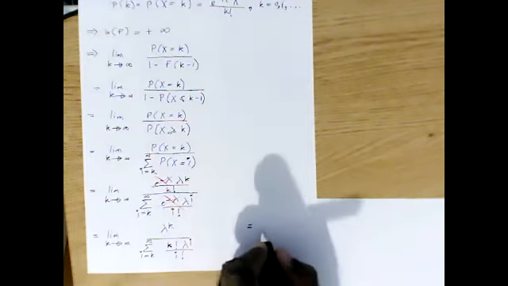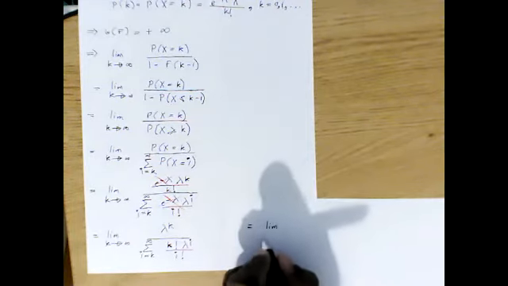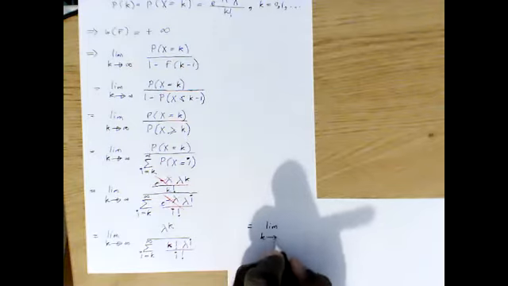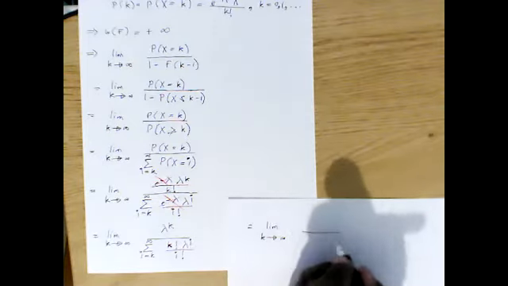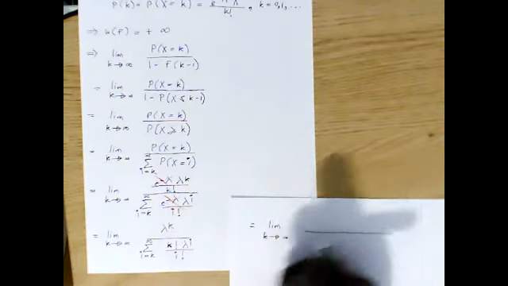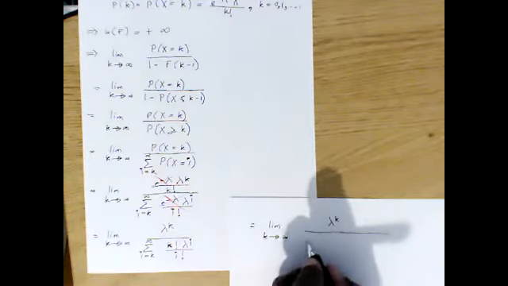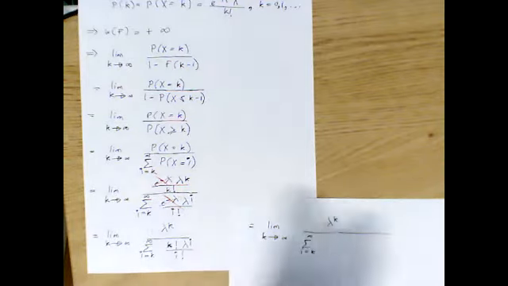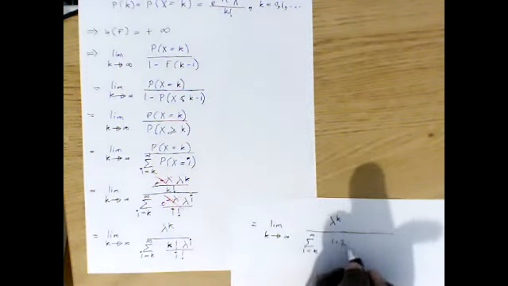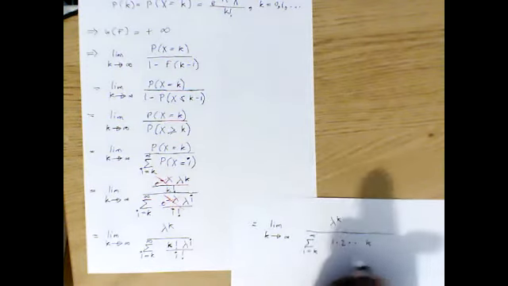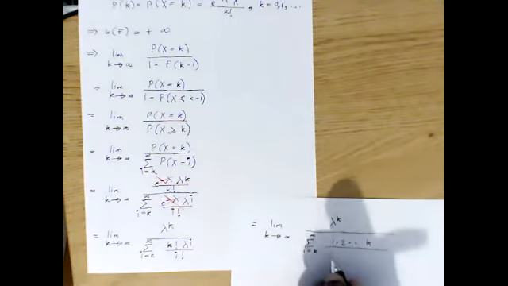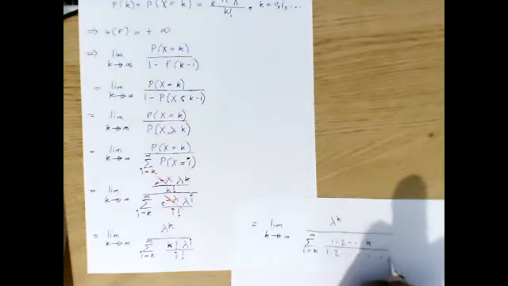It's gonna be equal to the limit as k goes to infinity of, in the numerator you have this, and in the denominator you have the sum from k to infinity of this k factorial term, which is 1 times 2 times up to k, and then you have 1 times 2 times up to i.